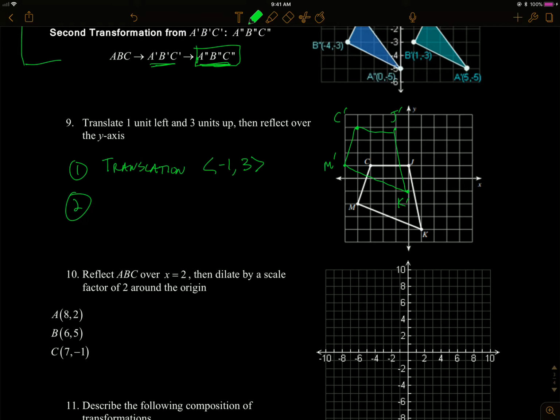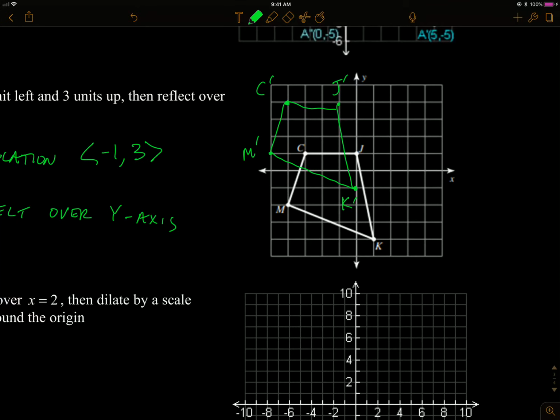Now, after the first transformation, I'm going to reflect over the y-axis, and that's going to produce my double primes. So J prime goes 1 unit to the other side to give me J double prime. C prime is 1, 2, 3, 4 units away from the y-axis, so I go 4 units away.